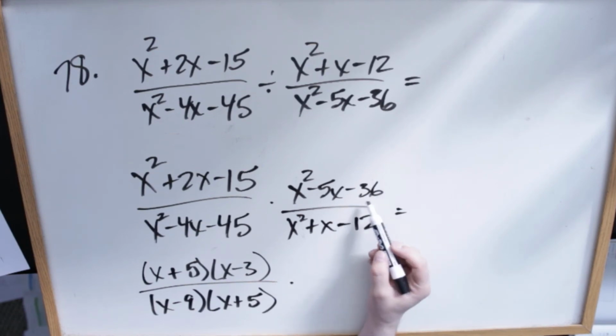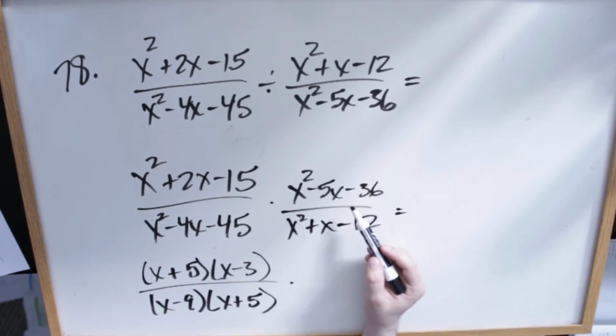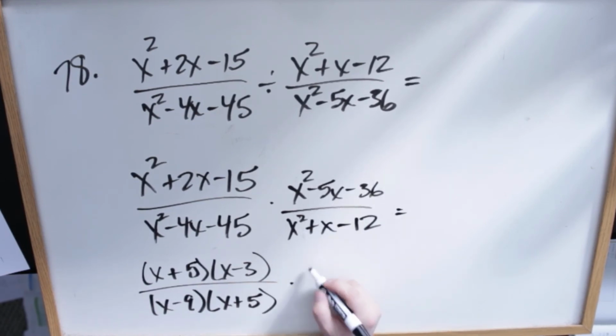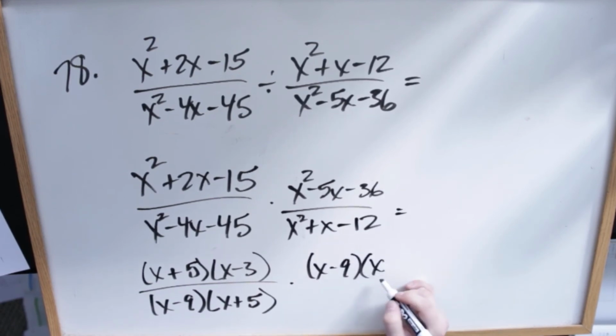A combination of 4 and 9 will give us 5. The 5 is negative, which means the bigger number is going to be negative, so this is going to be x minus 9, x plus 4. Okay? I hope you can see how I'm doing this. Okay, let's just keep going.